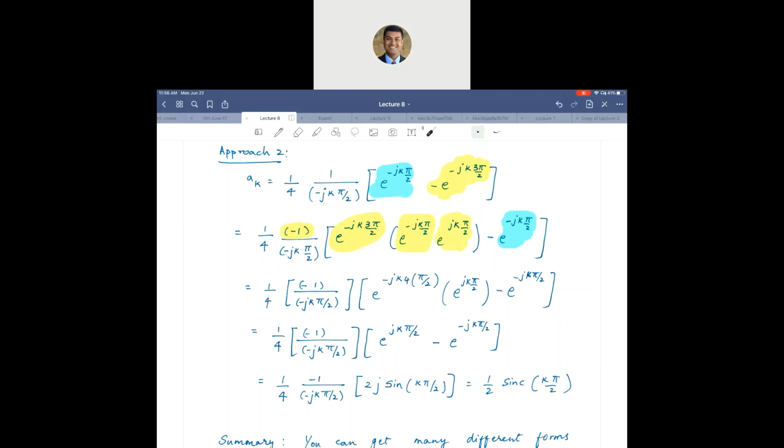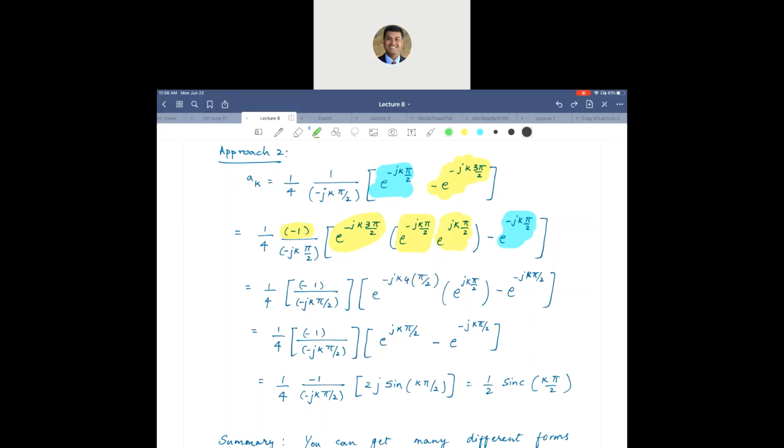-1/4, -1 divided by negative j pi over 2 remains as is. Inside over here you can combine the two negative powers, so e to the negative jk 4 pi over 2 multiplied by e to the jk pi over 2 minus e to the minus jk pi over 2 as is. What is this guy going to be? Let me use a different color.